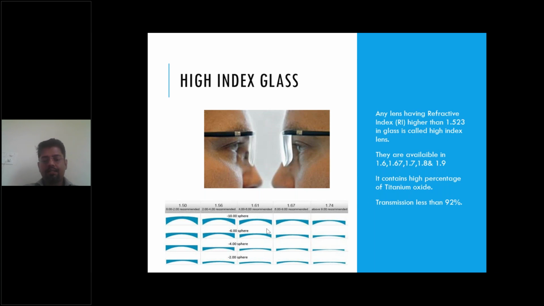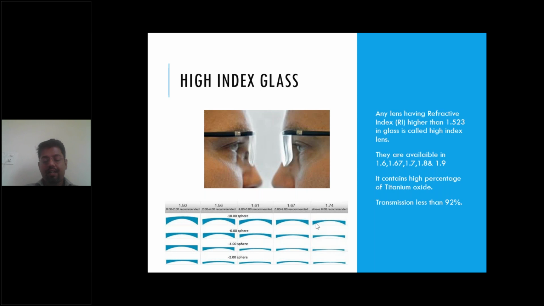So I have given a simple example. As you can see here, in the 1.5 index lens, the -10 diopter, you see the thickness, and the same in 1.74, you can see the thickness. So high refractive index glasses are where the power remains the same, but the thickness of the glasses decreases due to the high density of the material.